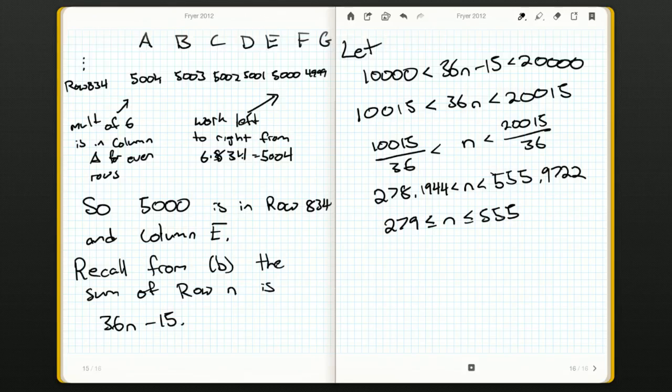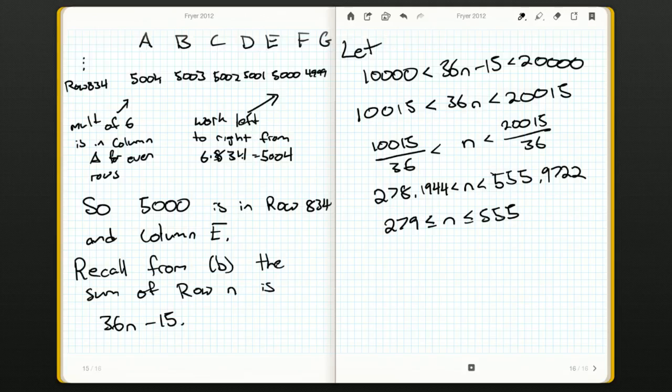Okay, and we can double check that. What if n is 555? We'll multiply that by 36, subtract off 15. We're less than 20,000, greater than 10,000. How about 36 times 279 minus 15? Well, we're at 10,029, which is just above 10,000, and certainly less than 20,000.